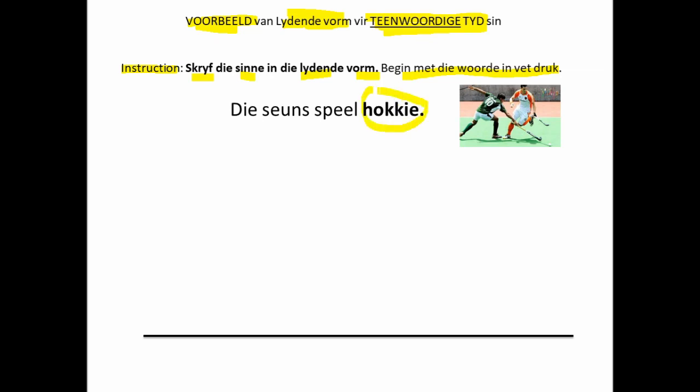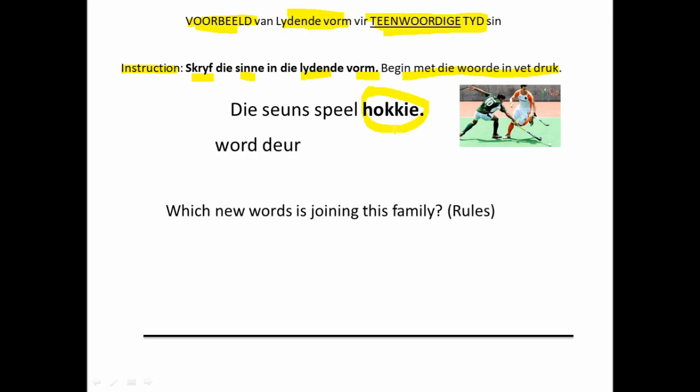So I know I will need to start my sentence with the word written in bold. But let's see how I go about doing this in a systematic way. I ask myself, which new words are joining this family? What are the rules for teenwoordige tyd? Yes, word deur en ge. The moment you identify the rules, write them down somewhere for yourself so you know you'll need to add them later on.